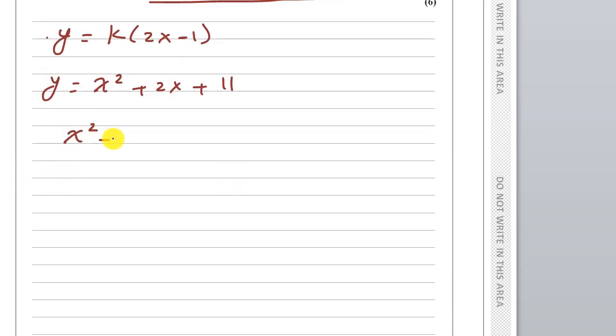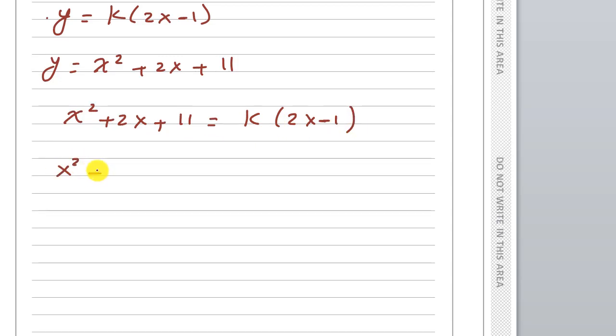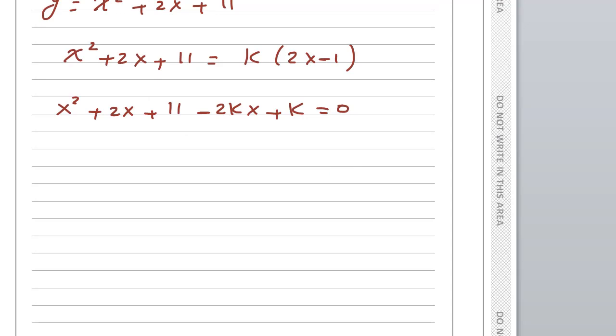So x squared plus 2x plus 11 is equal to k(2x minus 1). So x squared plus 2x plus 11 minus 2kx plus k is equal to 0. So x squared plus (2 minus 2k)x plus (11 plus k) equal to 0.